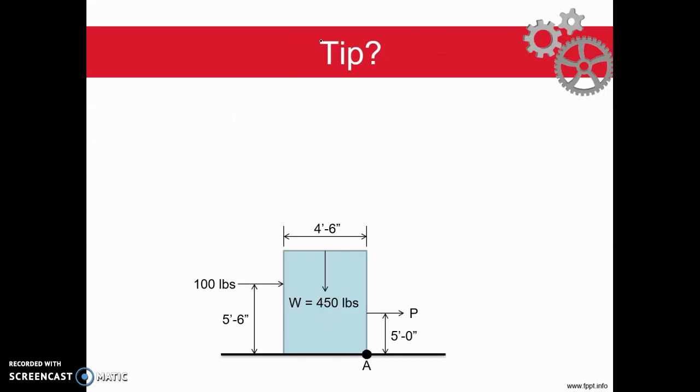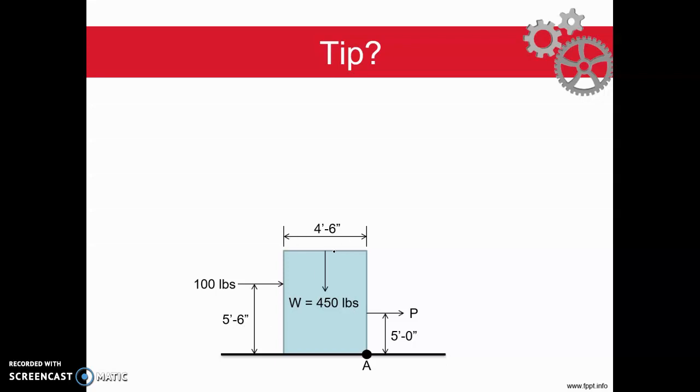So I guess we'll actually first look at the force required to cause this box to tip. If it's going to tip over, it's going to tip over about point A. That's the point of rotation. So this 100-pound force that's applied has a moment arm distance of 5.5 feet.